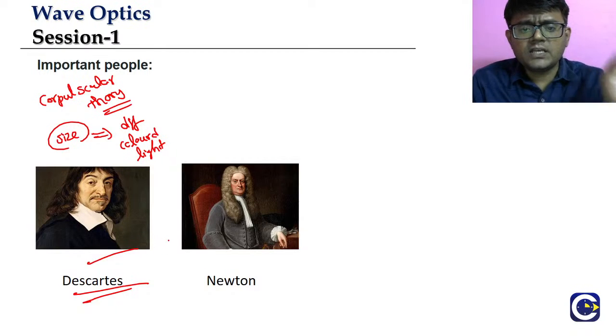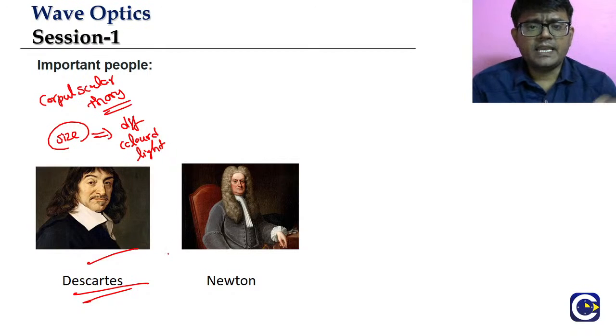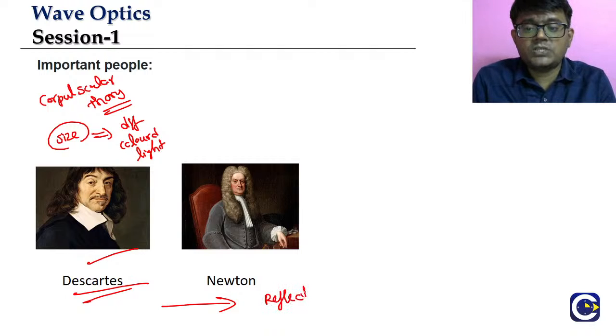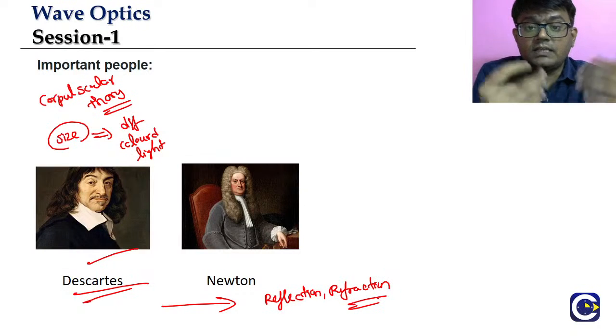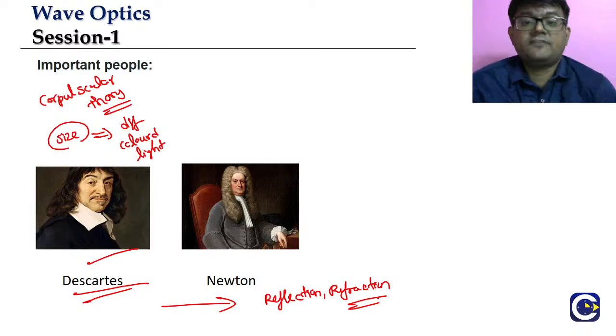Again, here the particles are assumed to travel in straight lines, and this theory was able to explain the observations of reflection and refraction, though there are some problems associated with the way the corpuscular theory explains refraction, okay.